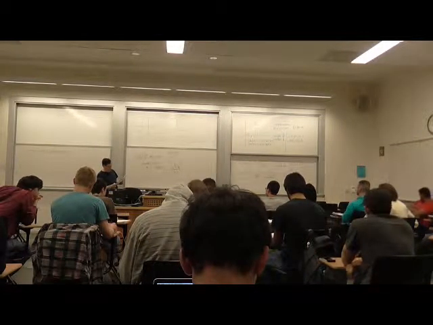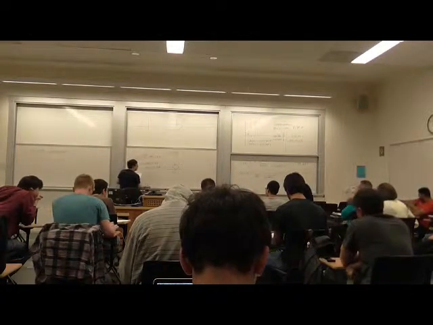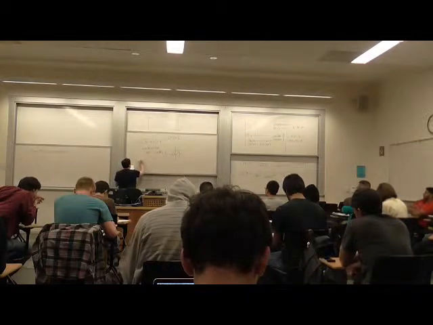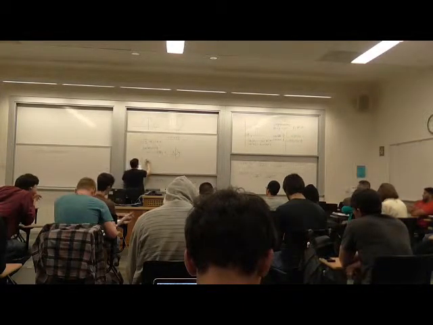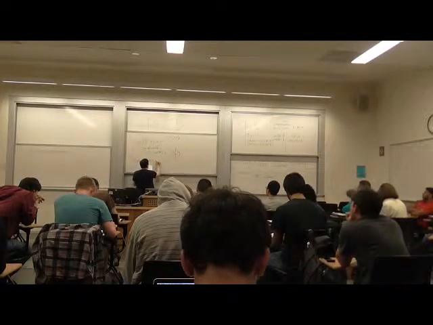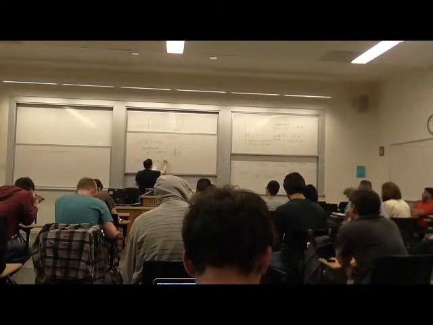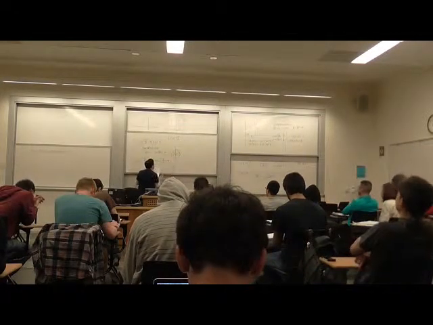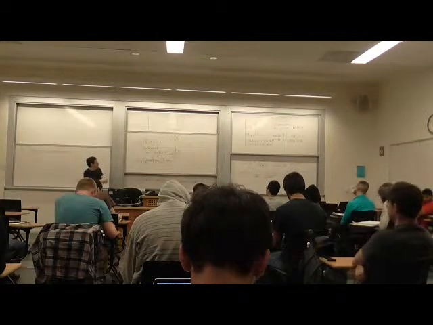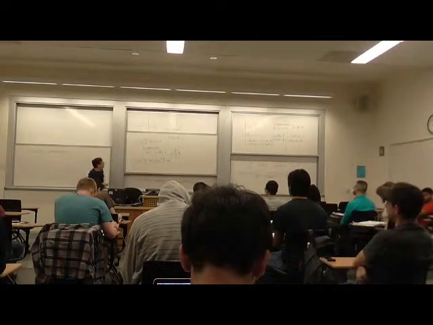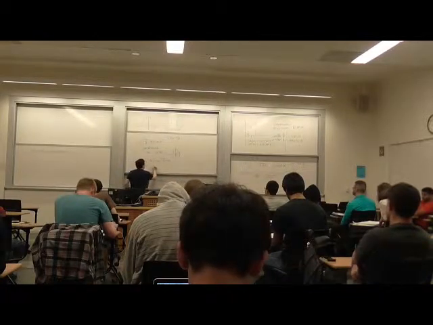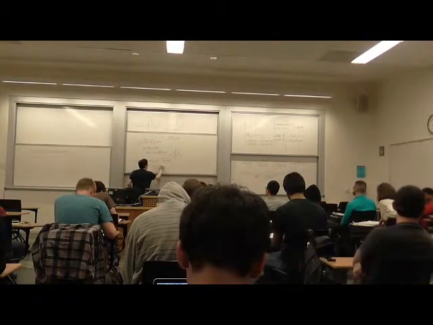Okay, one more example using these cofunctions. What if I wanted to simplify cotangent of pi over 2 minus theta times secant of pi over 2 minus theta? Tangent theta times cosecant theta.